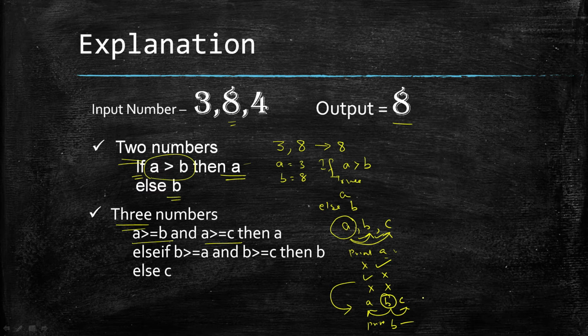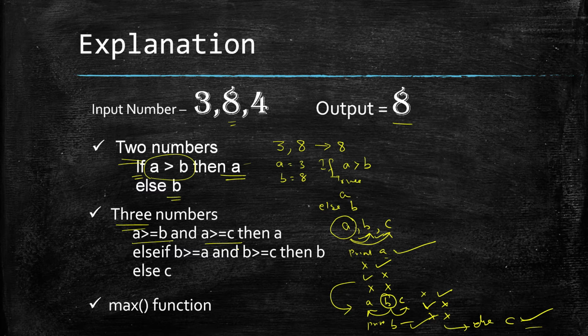If any of these conditions fails, like B is not greater than A or B is not greater than C, or B is not greater than both A and C, then we'll go to the else condition and print C is the greatest. So in this case, either A is the greatest, or B is the greatest, or else we can safely say that C is the greatest.